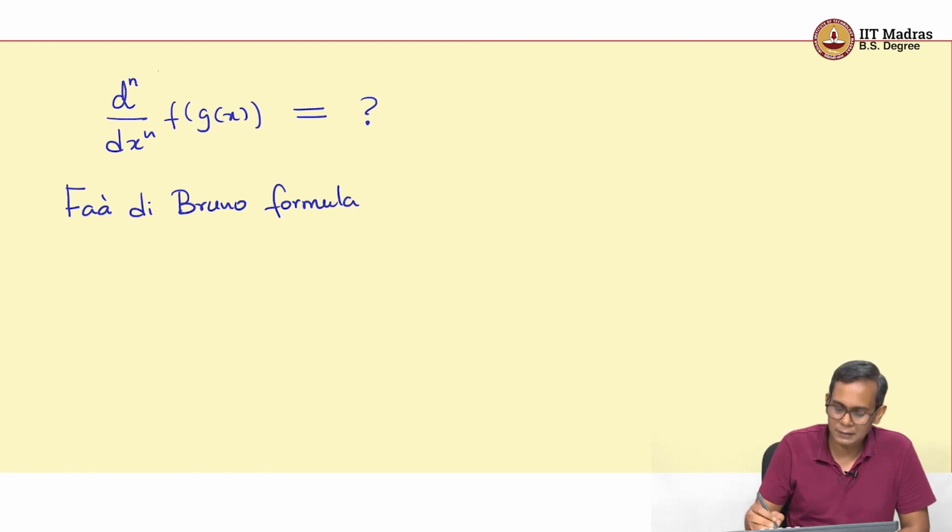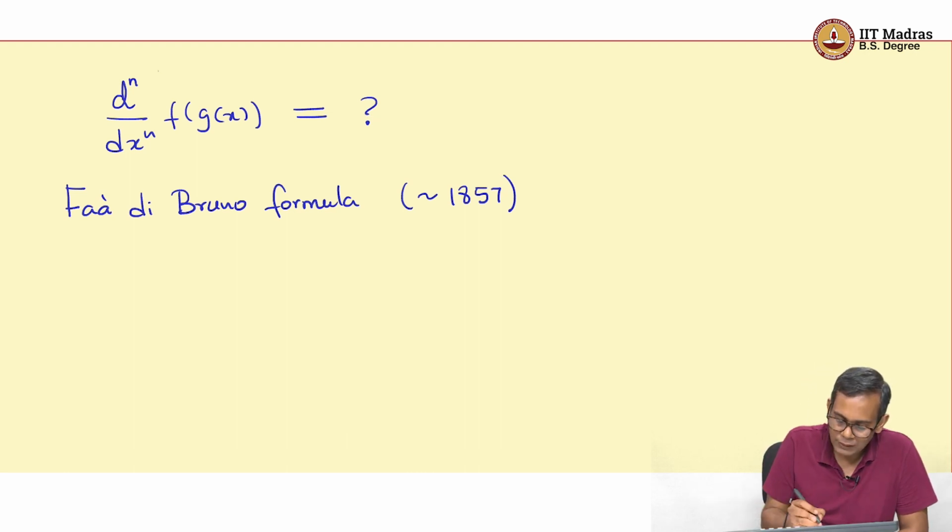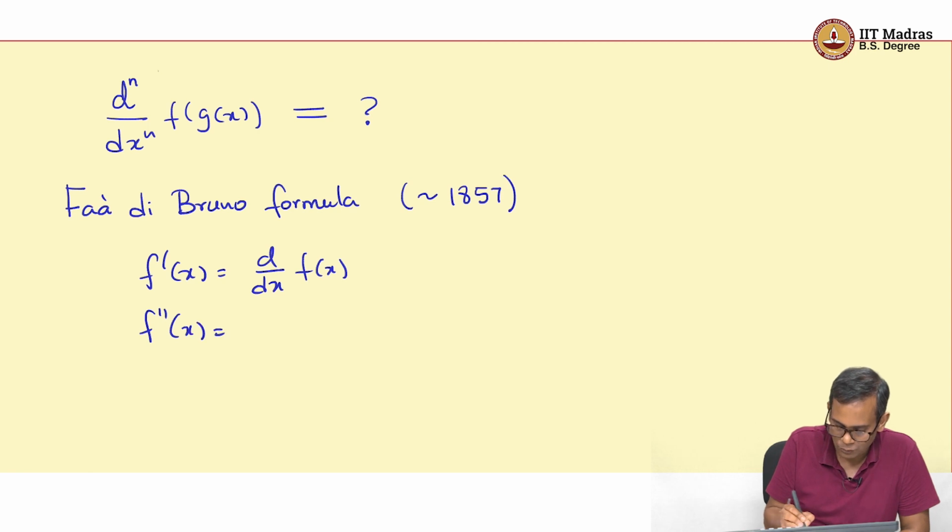This formula dates back to about 1857. It is due to the Italian mathematician Francesco Faà di Bruno. I will use a certain notation. We already are using the notation f prime of x to denote d/dx of f of x, and we use f double prime of x to denote d squared/dx squared of f of x, and so on.